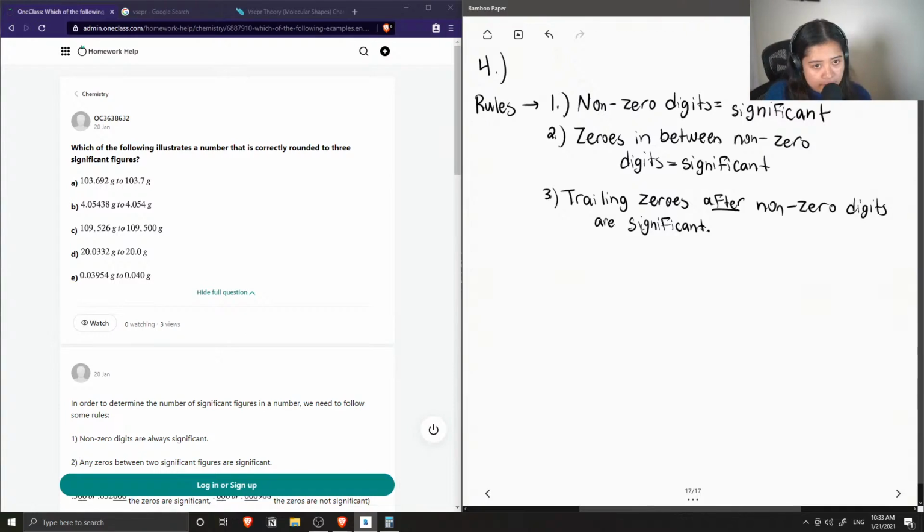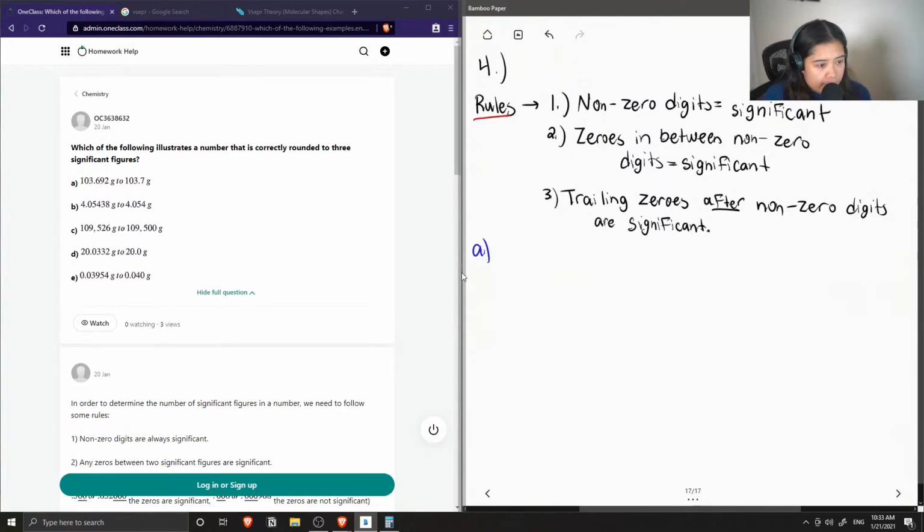So now let's try to look at the examples they have in the question. So for A, we need to round to 3 significant figures, and they went from 103.692 grams to 103.7 grams. So this is 4 significant figures.